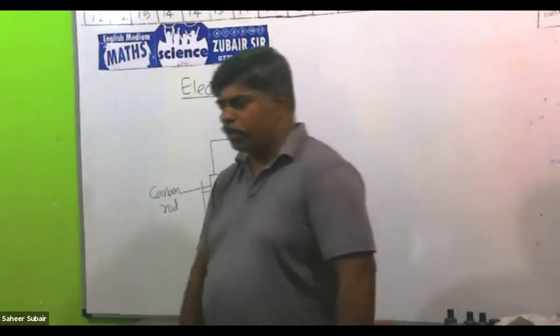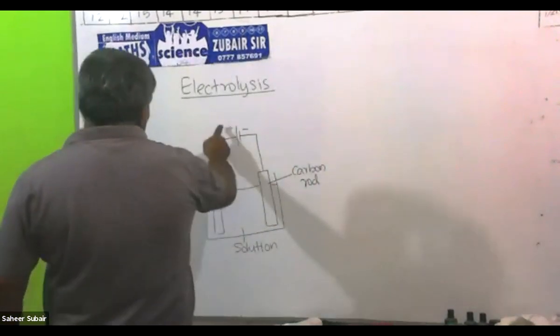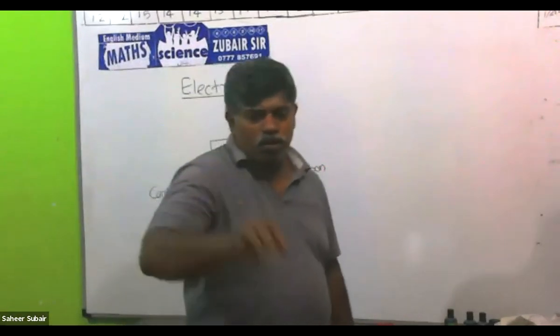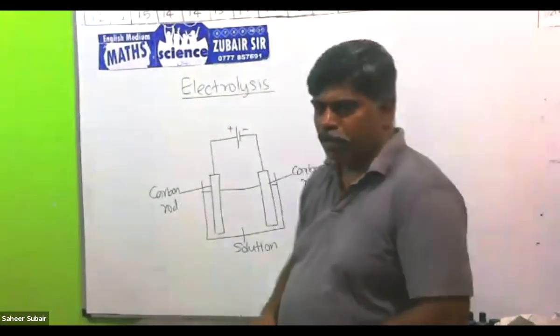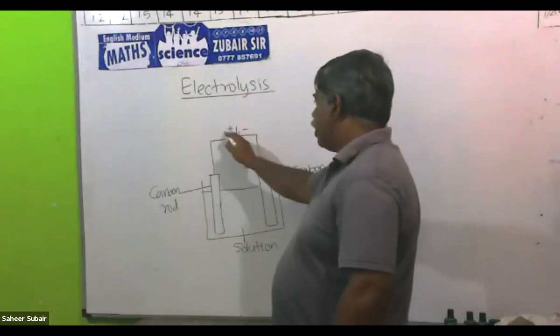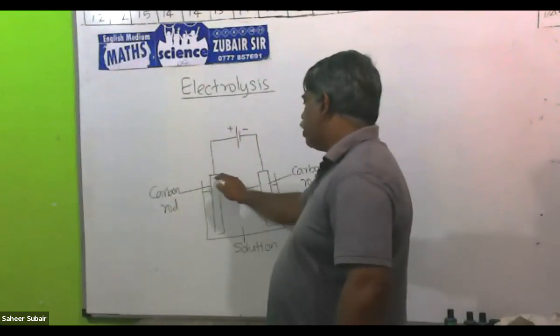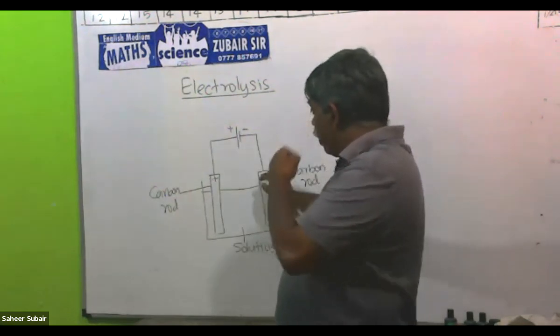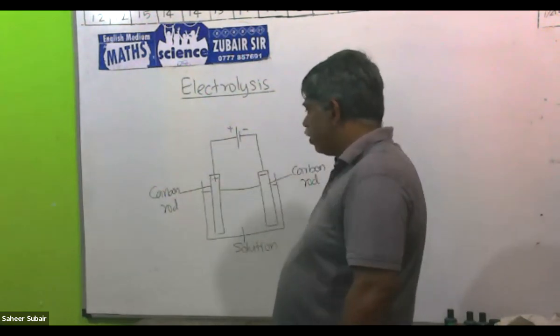Now we are connecting a cell. This is the positive terminal of the cell. Cell pushes the current out through the positive terminal. Then the one connected to the positive is plus. The one connected to the negative is minus here.